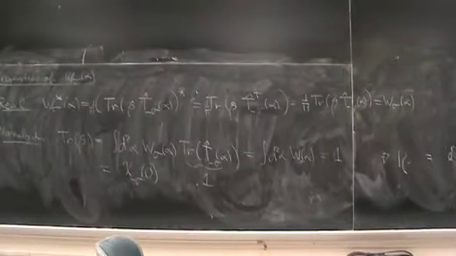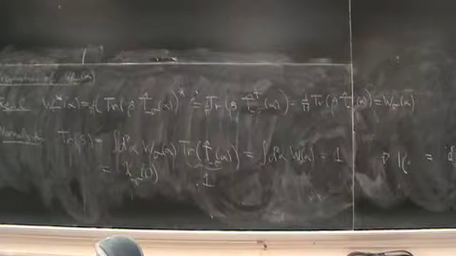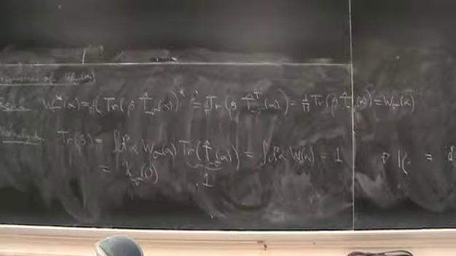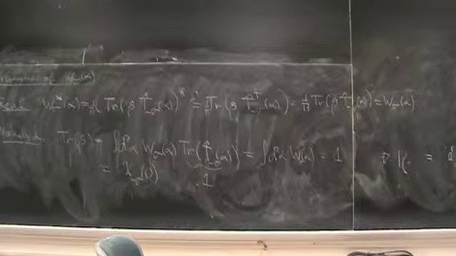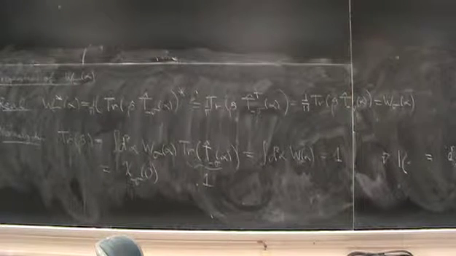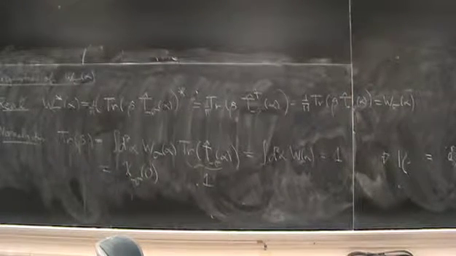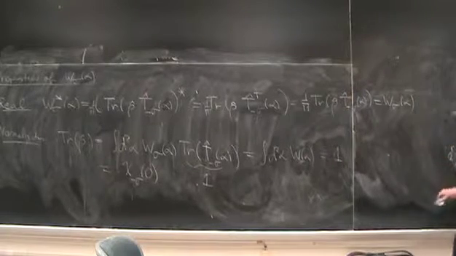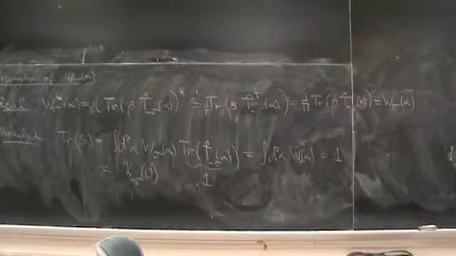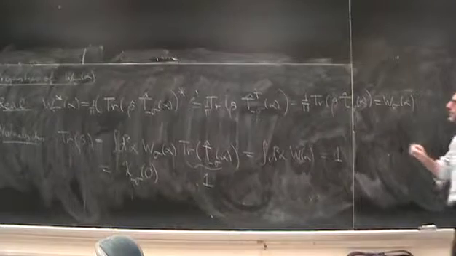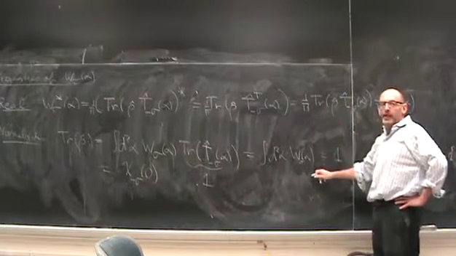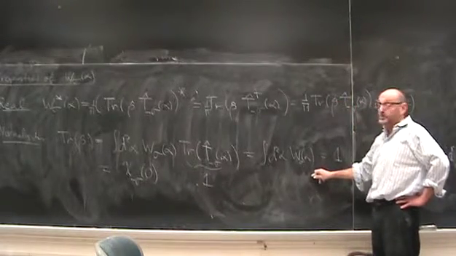All right. However, this looks like a probability distribution on phase space, and it kind of quacks like a probability distribution on phase space, but it's not necessarily a probability distribution on phase space, because although it's real and normalized, it's not always positive.